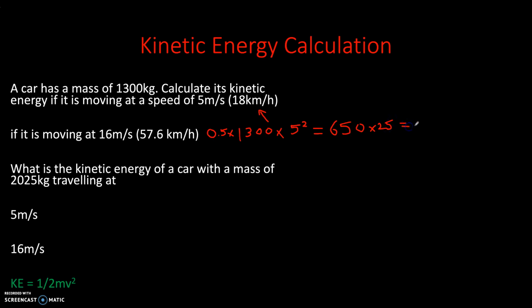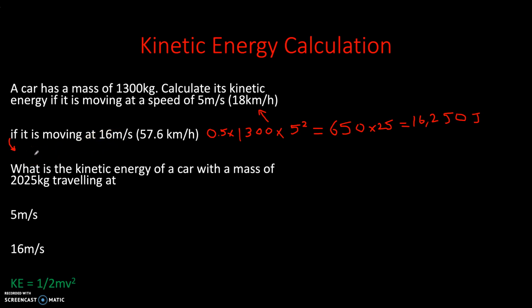And that equals, I might just use my calculator for this one, 16,250 joules. Okay, so for this next one, I'd like you to pause the video and have a go at answering this question. So same car, but this time it's moving at 16 meters per second. So pause the video and have a go.